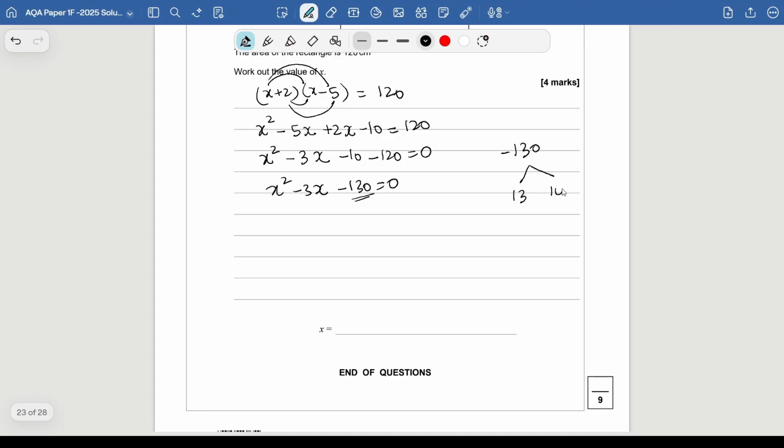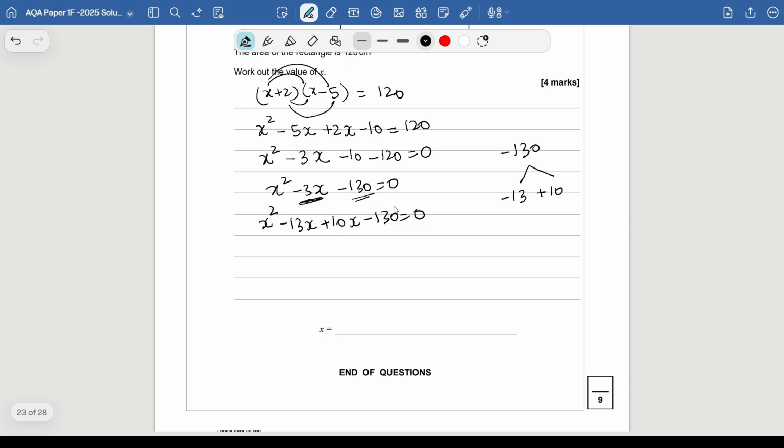I think I can take 13 times 10, because there is 3 here. 13 tens is 130, and if I take away 13 from 10, I get negative 3. So I can take these two as the factors. So x squared minus 13x plus 10x minus 130 equals 0. I'm splitting minus 3x as minus 13x plus 10x.